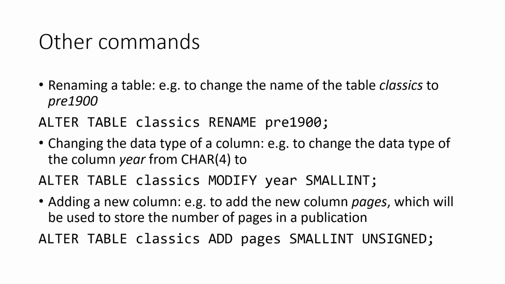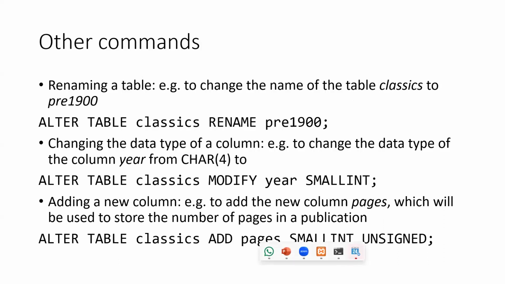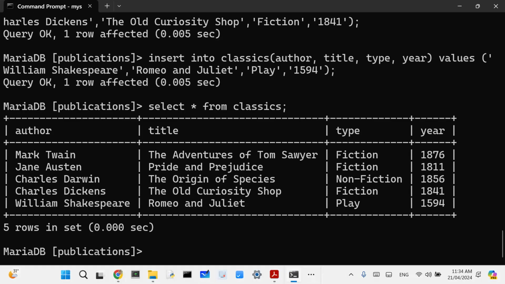So for example, let's add the pages into our database. So let me take the right command. And what I'm going to do is look at what we have right now, right?